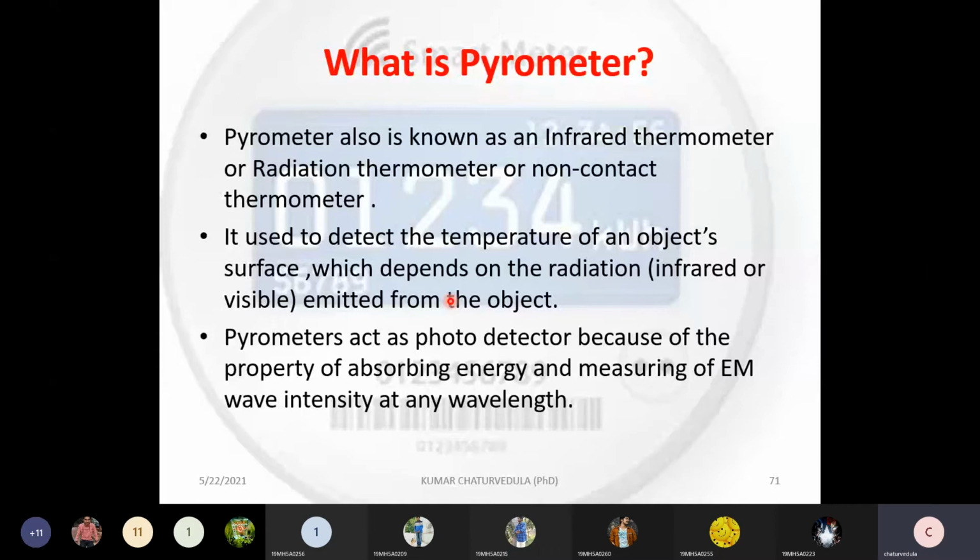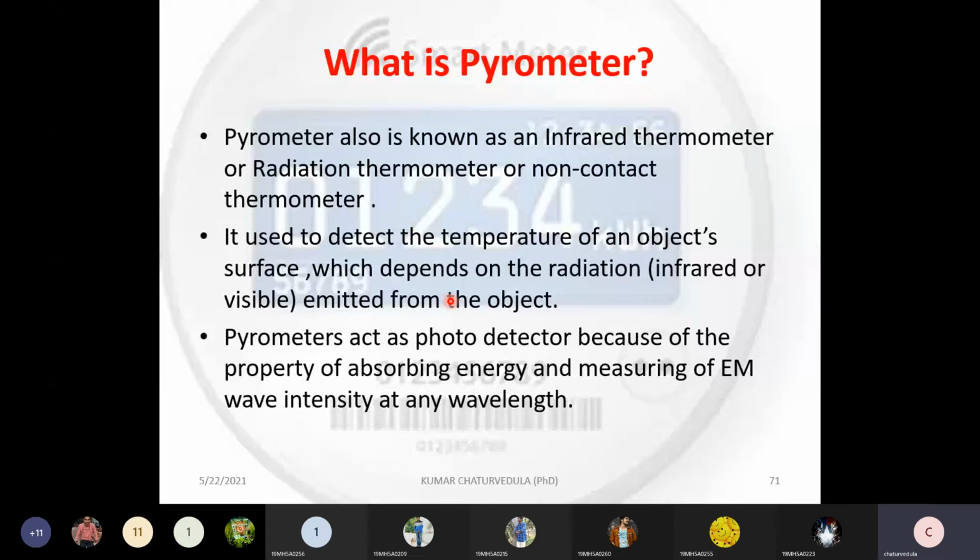There will be no physical contact, which is why it is called a non-contact thermometer. It is used to detect the temperature of an object or surface of a body by radiation. It will emit some radiation on the object and based on that it will give you the exact value of the temperature. That means it acts like a photo detector.